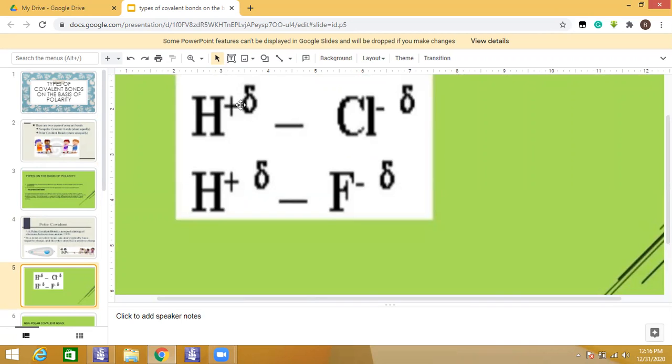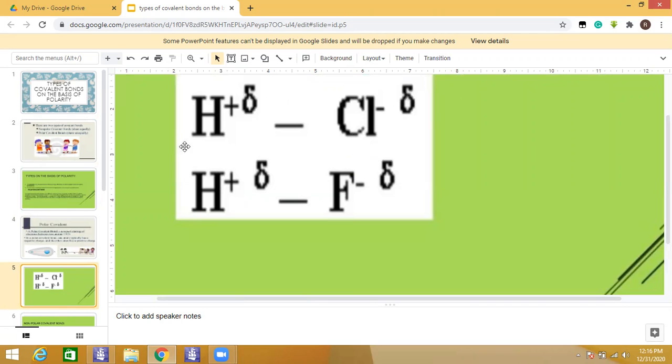These charges are of equal magnitude, so the overall charge is 0. We call such a bond a polar bond since it has negative and positive poles. So the polar bond is the bond between two atoms having different electronegativities.